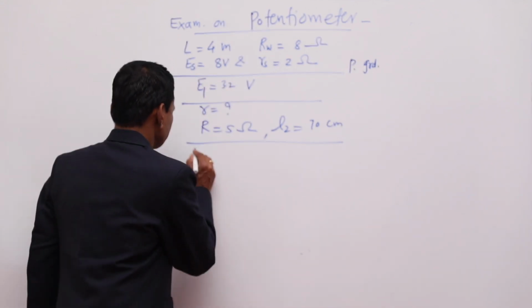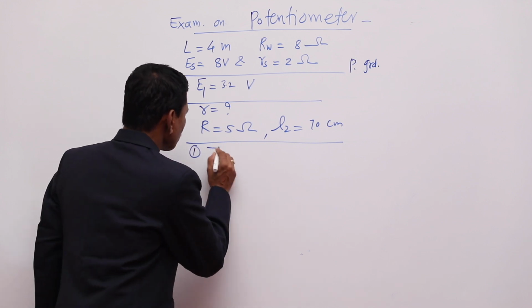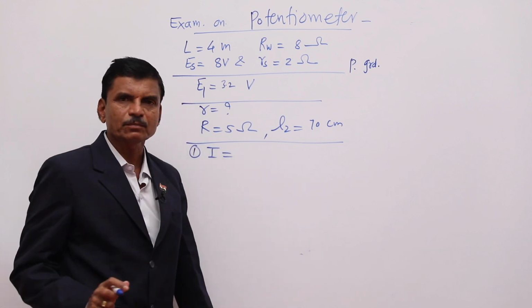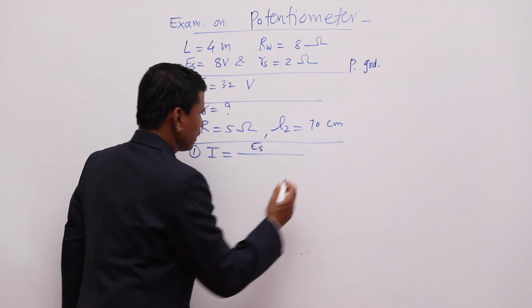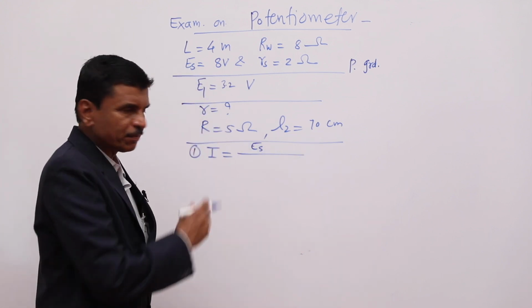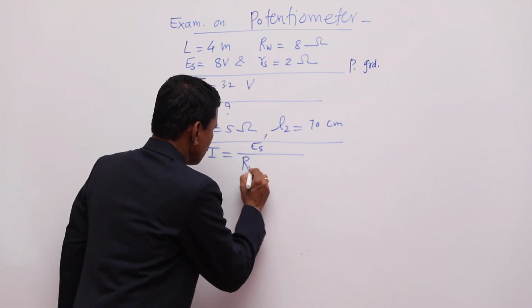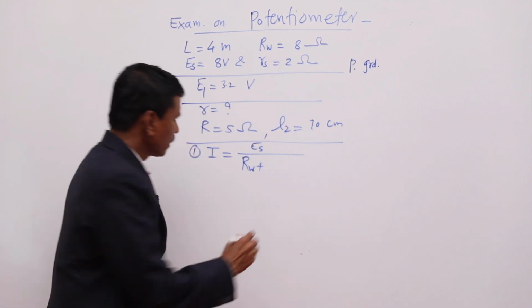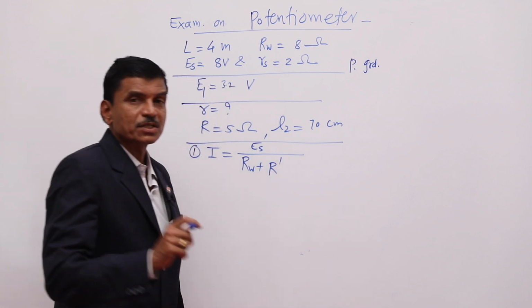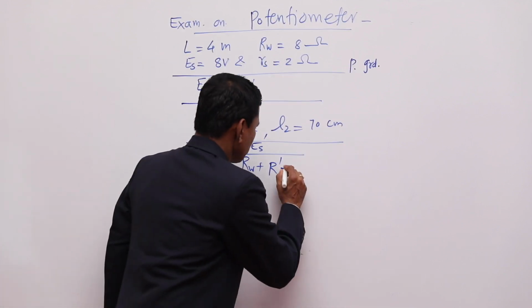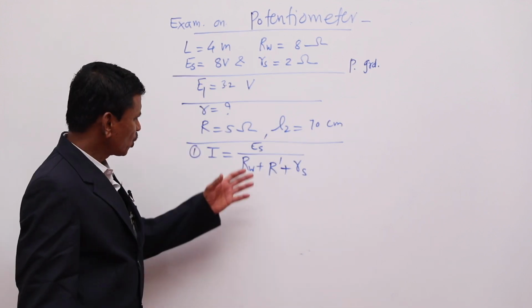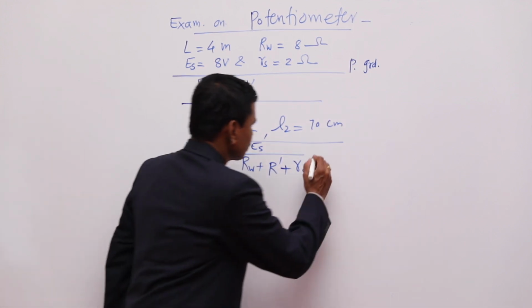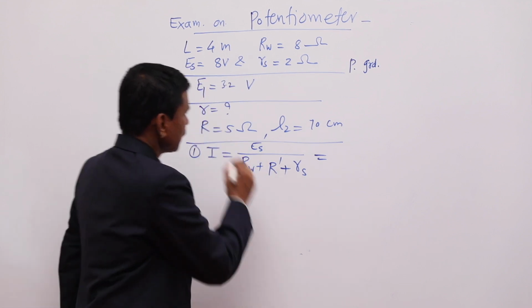First step. We have to calculate the constant current in the potentiometer wire. What was the formula given? That is the battery EMF ES, over wire resistance plus some resistance in the rheostat plus internal resistance of that battery. Okay. So substitute the values here. What is ES? 8 volt.